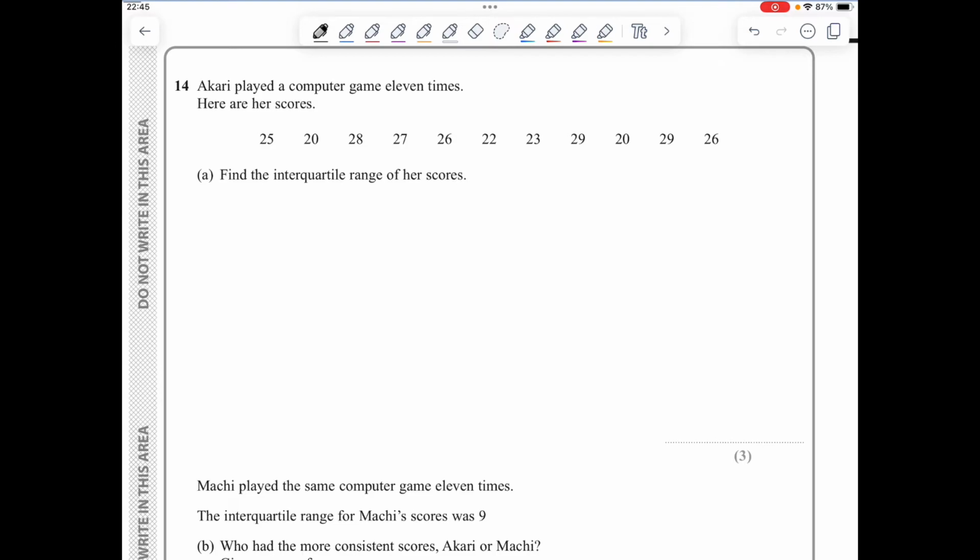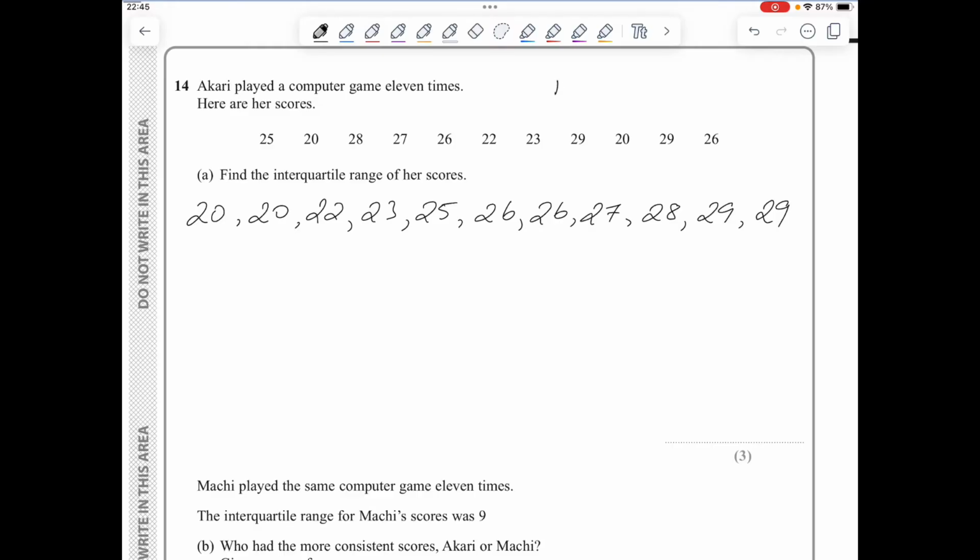For question 14, I'll start by putting these numbers in ascending order. Now the interquartile range is Q3 minus Q1. I have 11 observations. Now there are two ways to do that, one with the formula and one by observation. I'll start with the easy one, which is by observation.